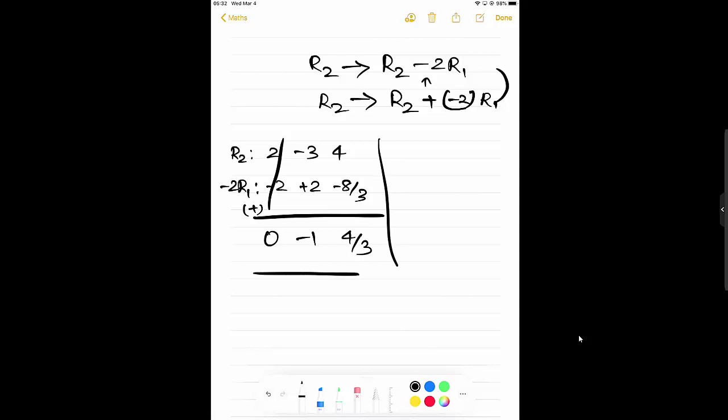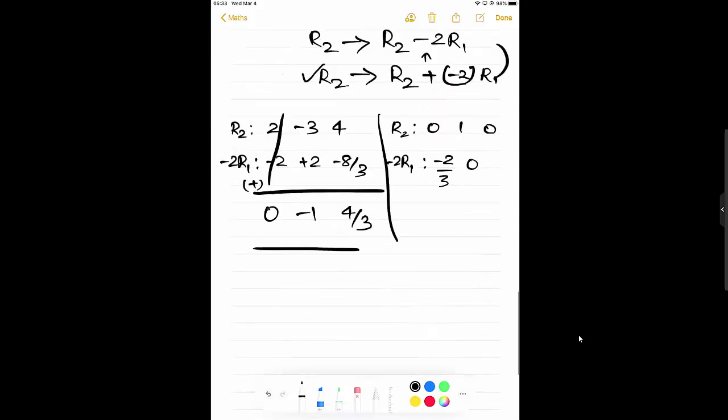For this reason only I followed this notation. It is up to you, but make sure you are properly applying this rule. If not, even if one value changes, you won't get the expected result. In the same way, the identity matrix, row 2 we know, then minus 2R1, it will change to minus 2 by 3, here 0, 0.